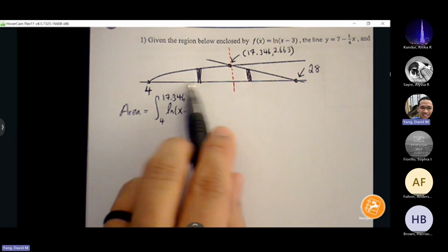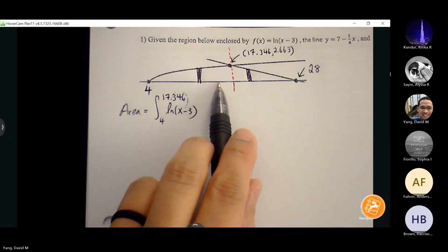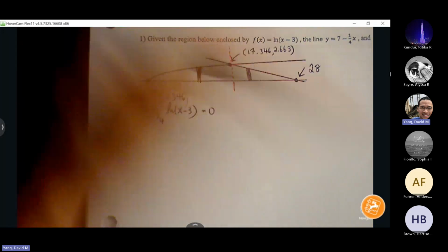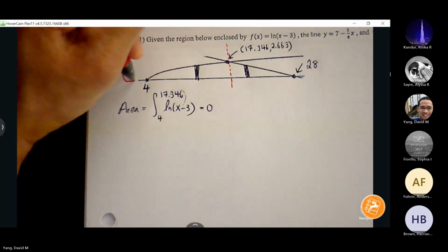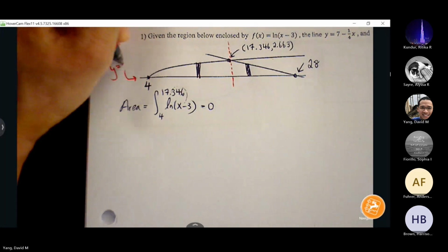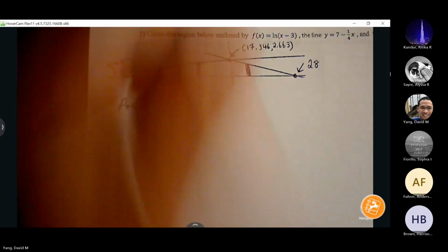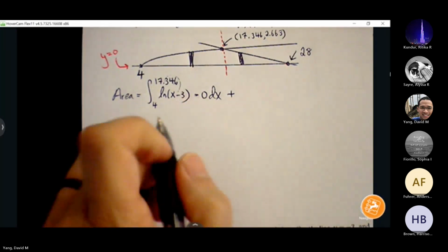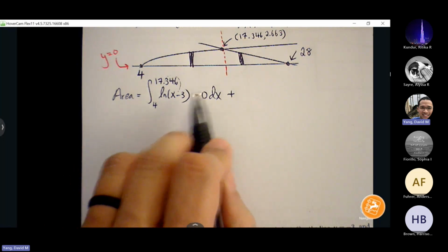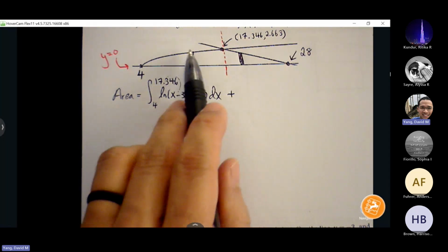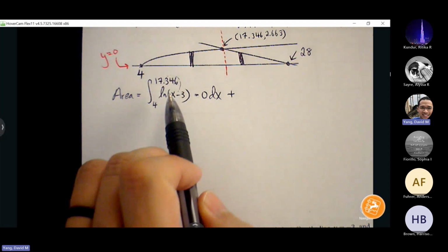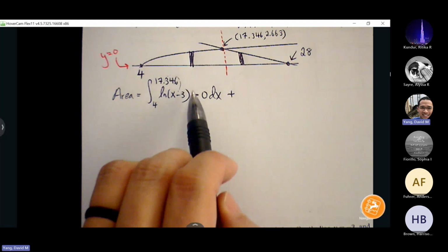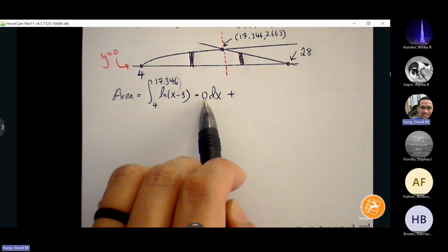The x-axis. What's the equation of that line? Y equals 0, yeah. So minus 0. I really didn't need that 0, but I want to make sure that we're following the rules here and seeing all the different parts. Top of the rectangle is on the curve. Bottom of the rectangle is sitting on the x-axis, which is 0.